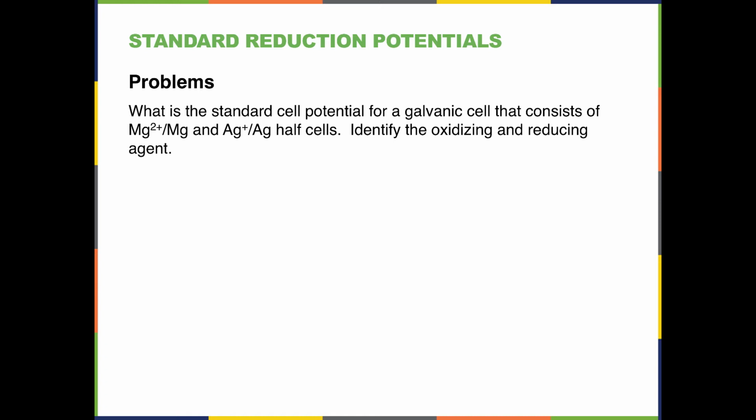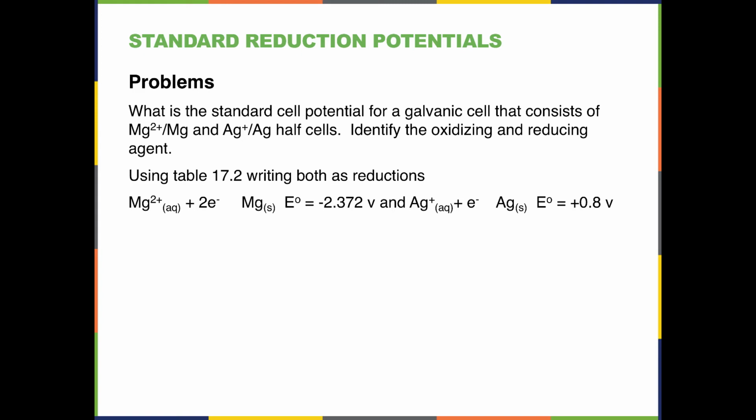What is the standard cell potential for a galvanic cell that consists of magnesium and silver? Identify the oxidizing and reducing agents. Again, using the table, we write both as reductions. Magnesium 2+ is reduced to magnesium solid, and from the table we get minus 2.372.